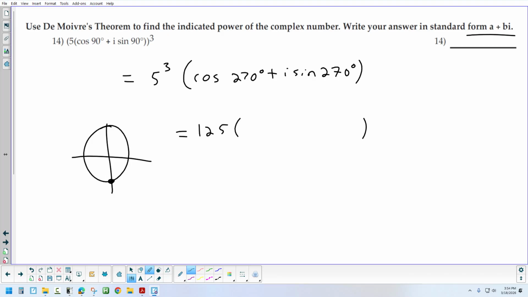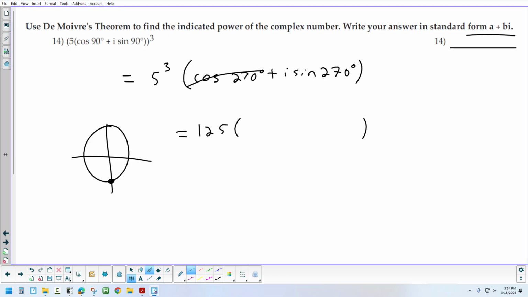So what would be the cosine of 270? So what's the x value of the coordinate for 270 degrees? Oh, sorry, 0. You have not gone left and right. So cosine of 270 is 0.